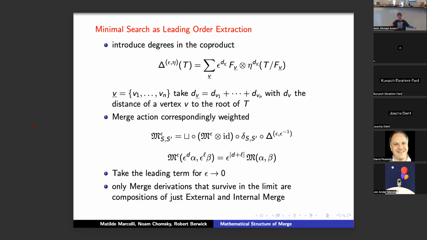If my coproduct has extracted several components, several accessible terms, I have to count how deep each one of them is with respect to the root. So that's why this exponent d is just counting the distance from the root of the various accessible terms that I'm extracting.